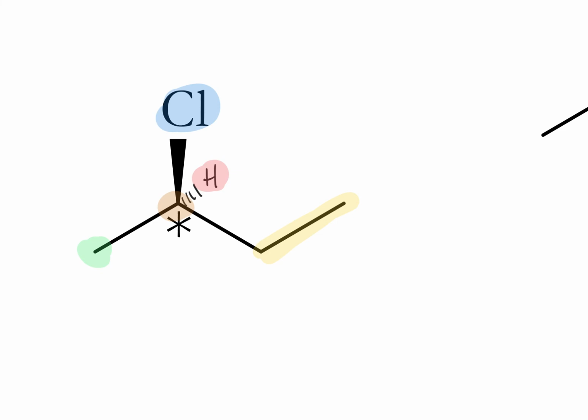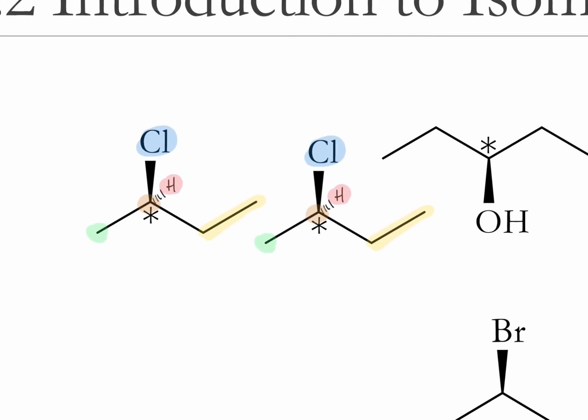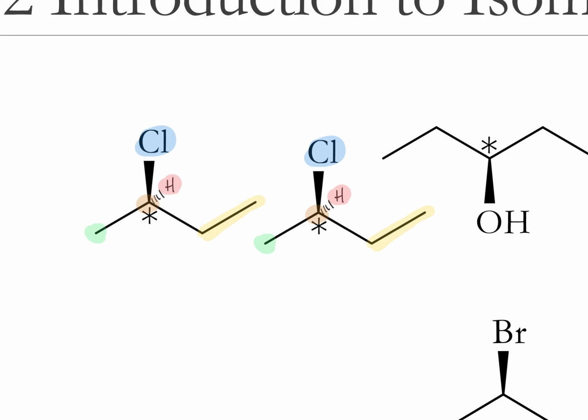The yellow one is a different group than the green one, and therefore that molecule will be chiral. The mirror image of this molecule would look different. You'd have a different 3-dimensional arrangement. If I just make a copy of it here and I flip it over, let me give myself more space. Just remember that I made an actual physical copy.